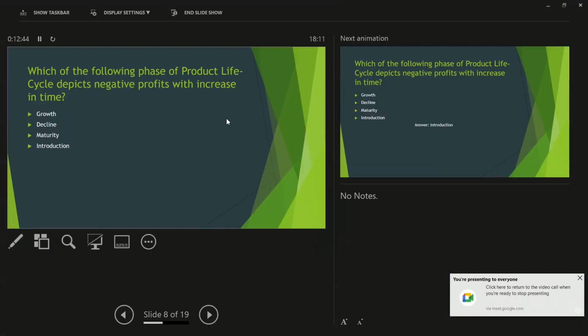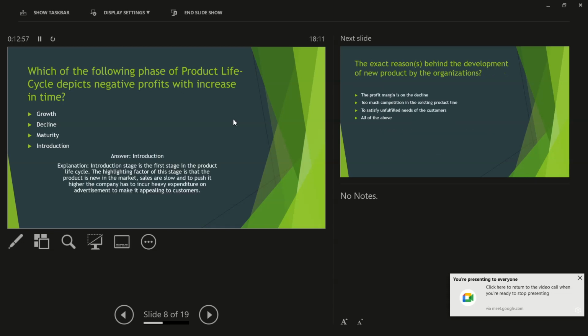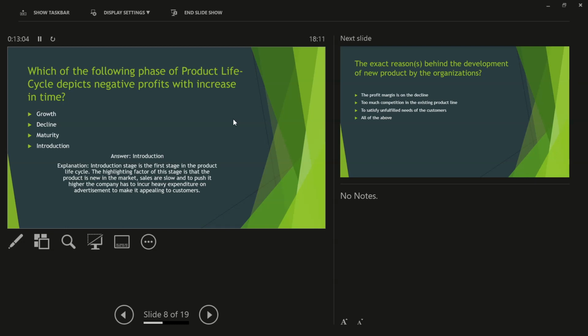Which of the following phases of the product life cycle depicts negative profit with increase in time? As we go forward in time, the profits actually decrease.